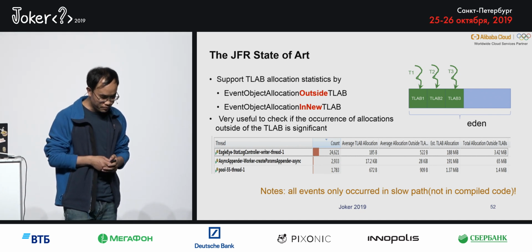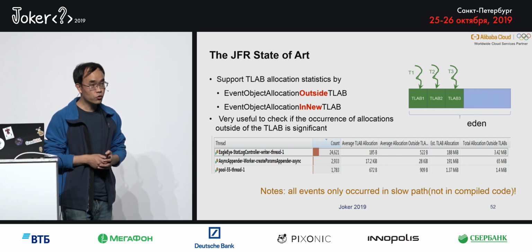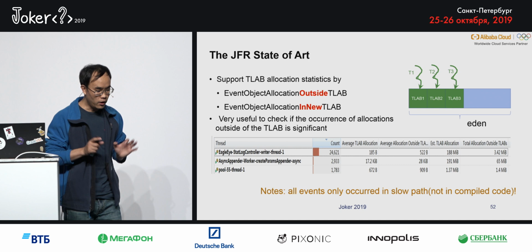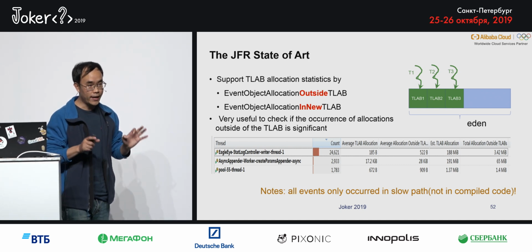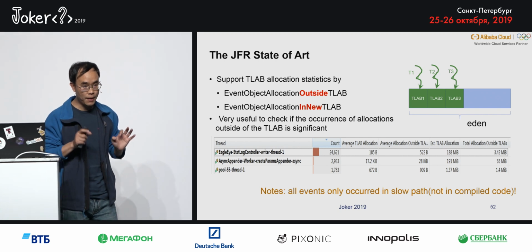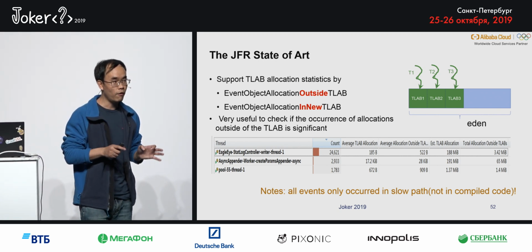We have 3 rows in this picture, and each row represents a different thread. In this table, you can see how many allocations happened in TLAB and how many happened outside TLAB. This information is quite useful for developers.